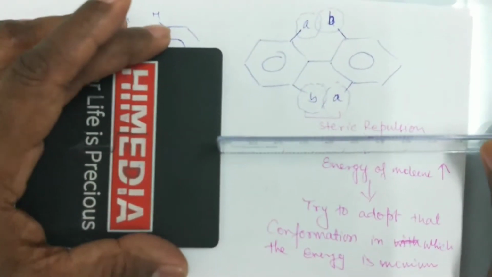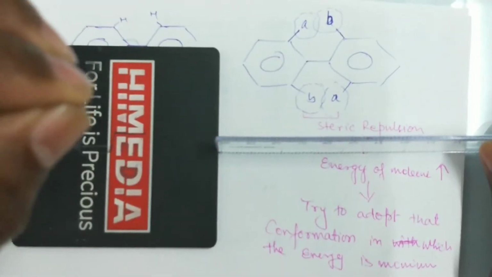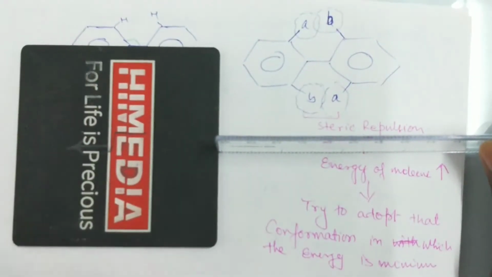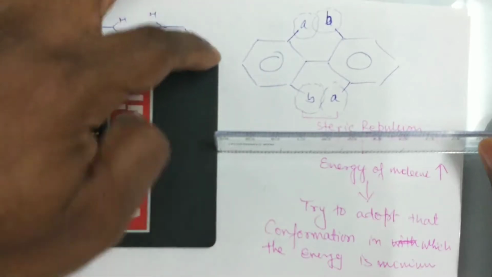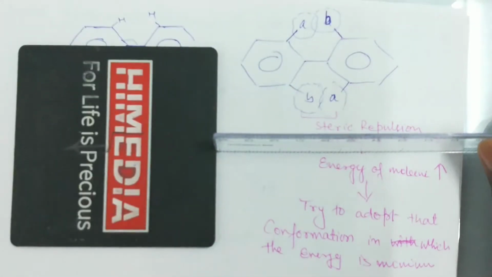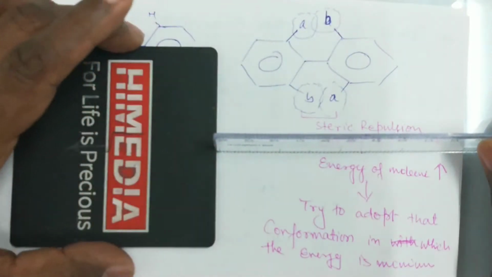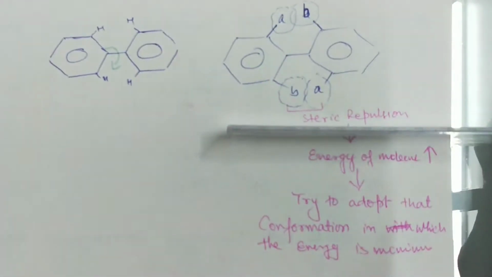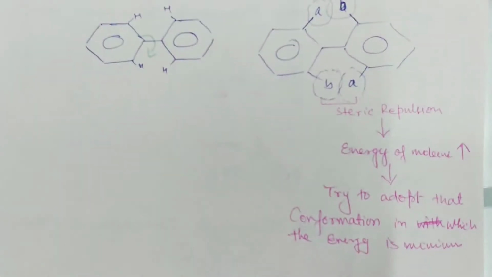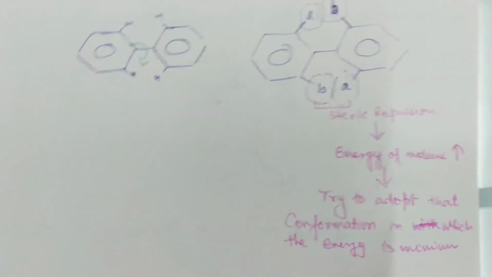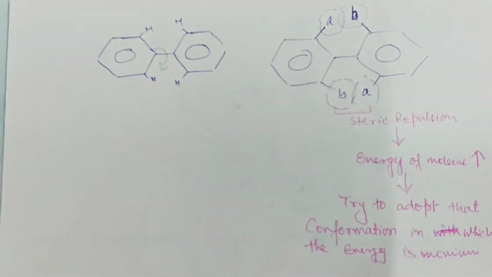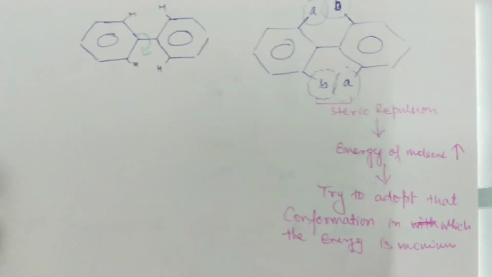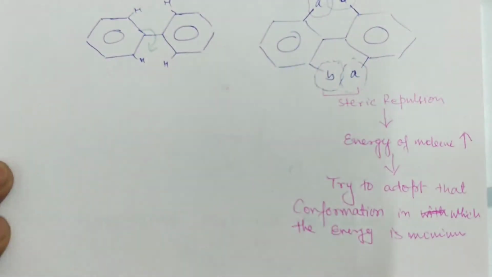Then one substituent goes like this, the other is below, and one A is here, one B is here. So they are at the maximum distance. Energy is minimum. So to decrease the energy, the molecule rotates itself and brings itself into such a position that the energy is minimum.